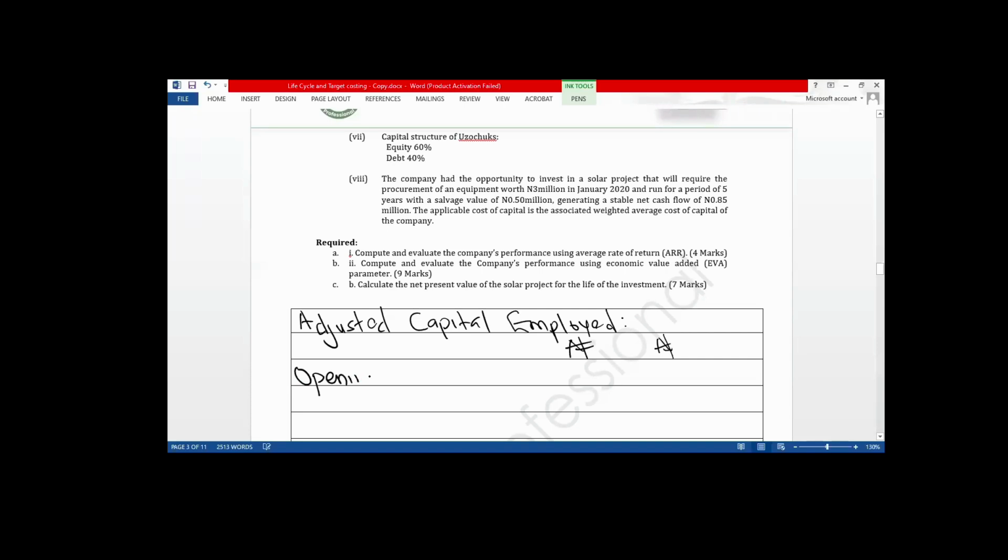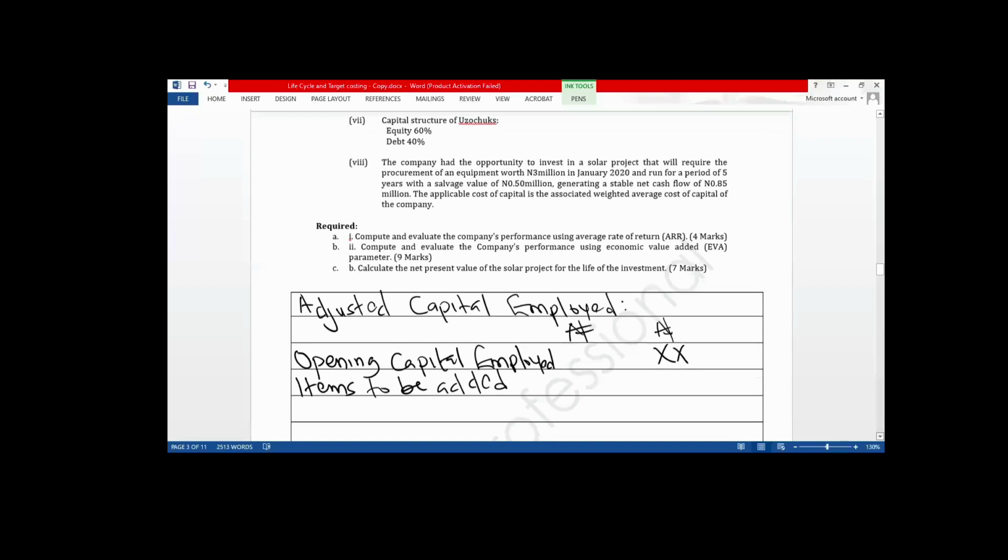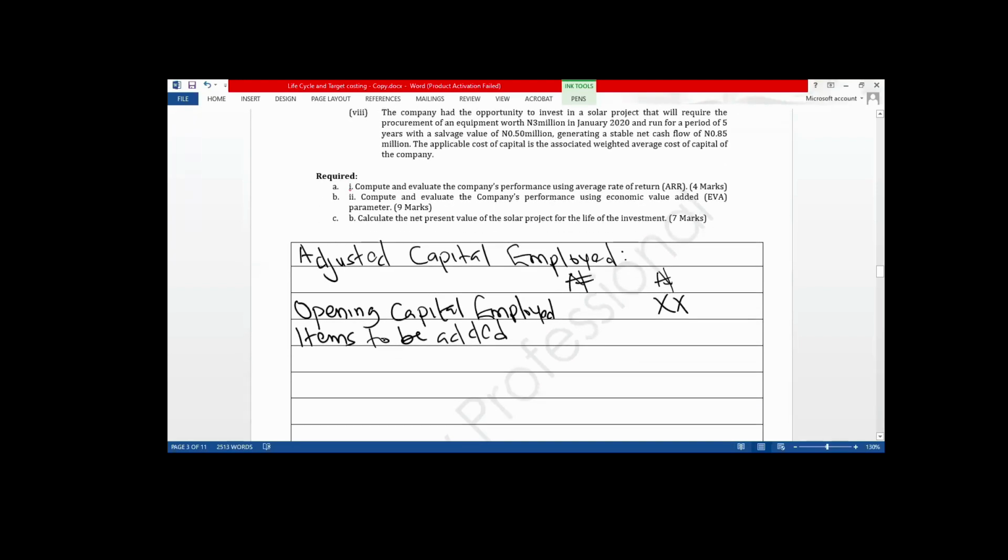Then, items to be added. One is non-capitalized lease assets. This should be added.